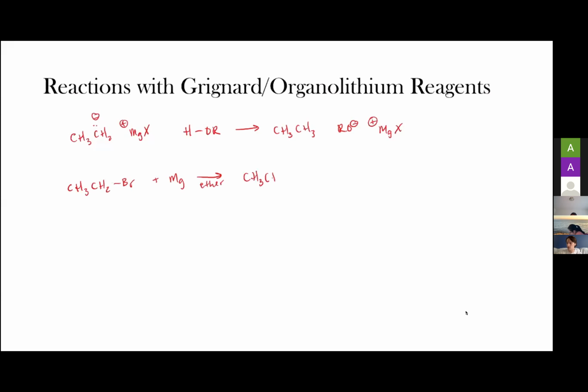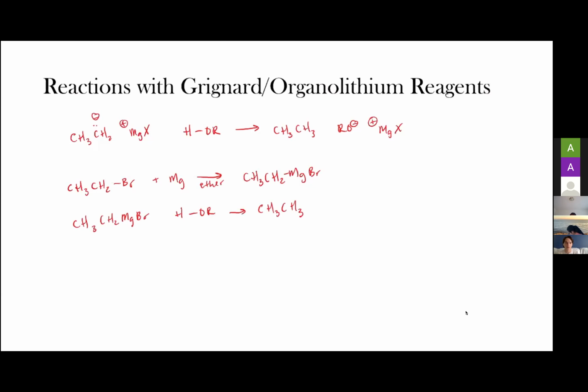So CH3CH2MgBr, and then CH3CH2MgBr gets reacted with some sort of alcohol, and we form that new hydrocarbon.